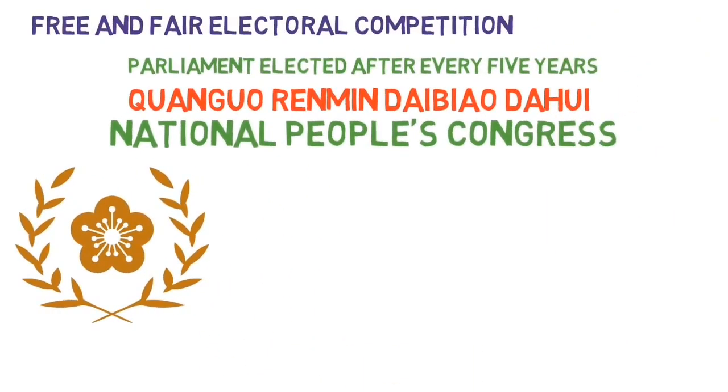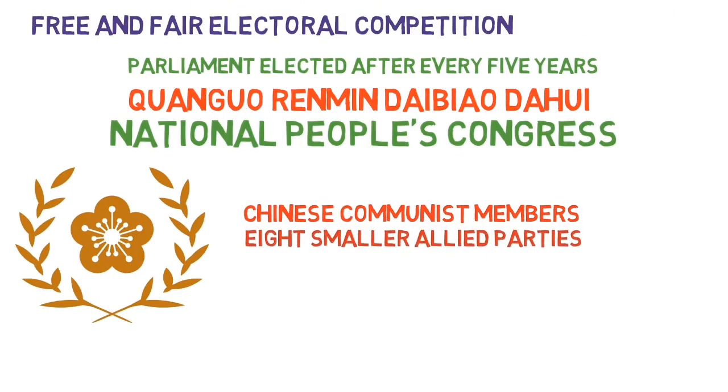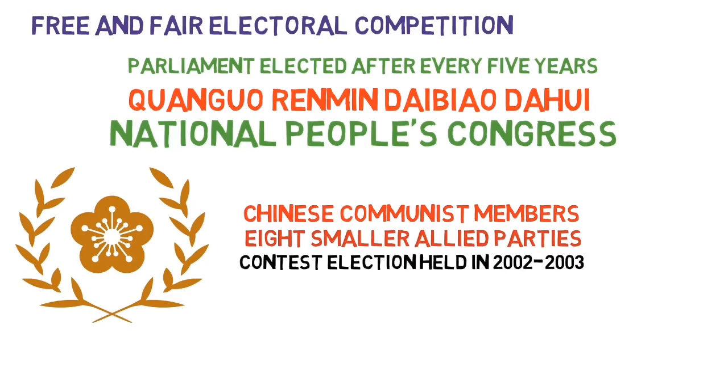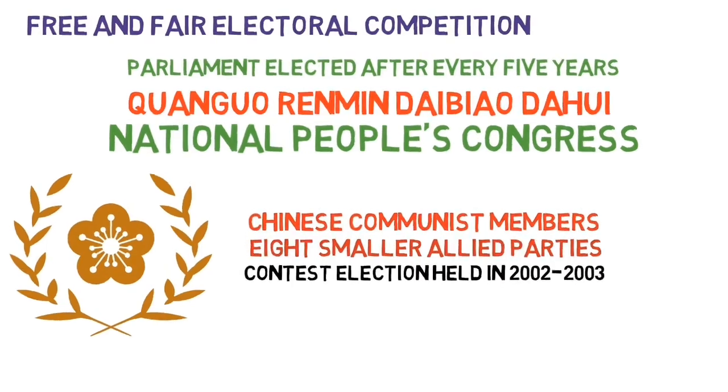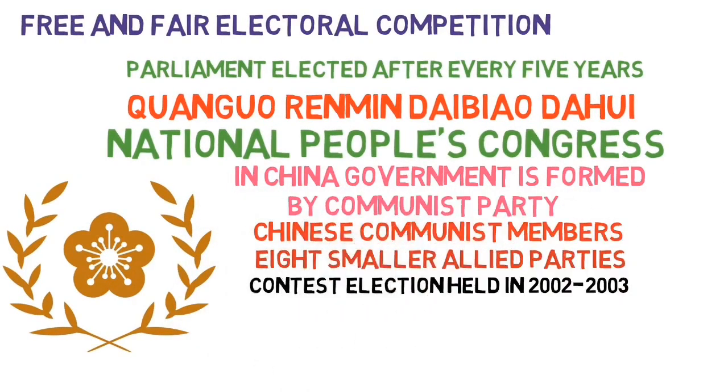In China, the National People's Congress is dominated by the Chinese Communist Party, and members of that party or 8 other smaller allied parties are the only ones contesting and voting in those elections. In China, the government is formed by this Communist Party only.